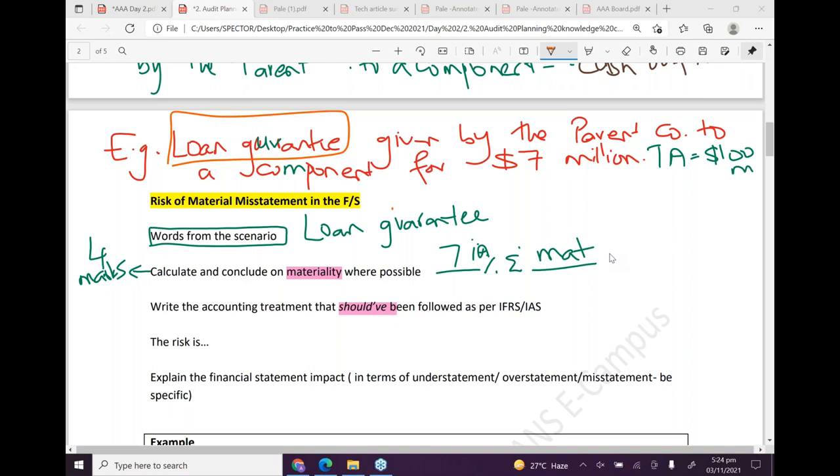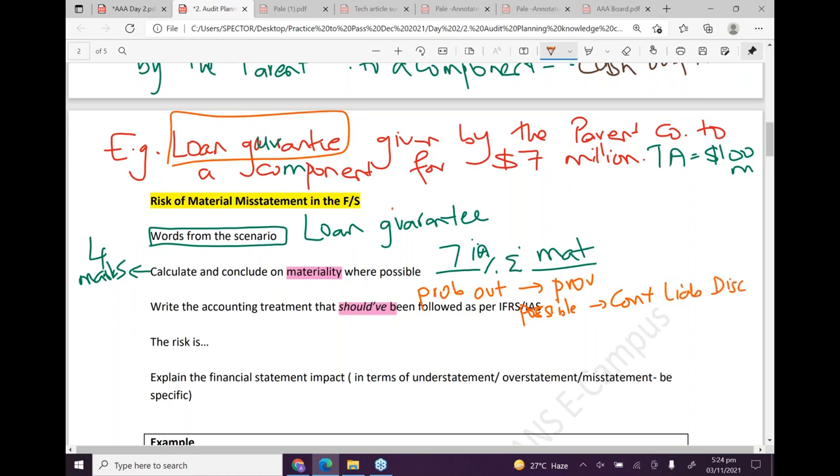So most of you would end up writing IFRS 9, etc. That would be completely wrong. This is not my liability. So you would write according to the reporting framework, if there's a probable outflow, then a provision would need to be booked. If it's a possible outflow, then a contingent liability disclosure would need to be given.